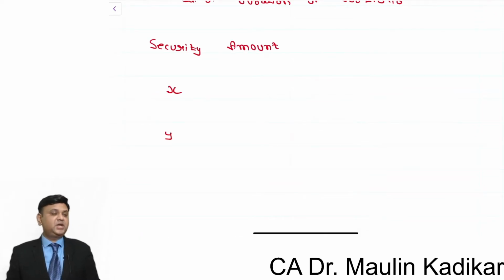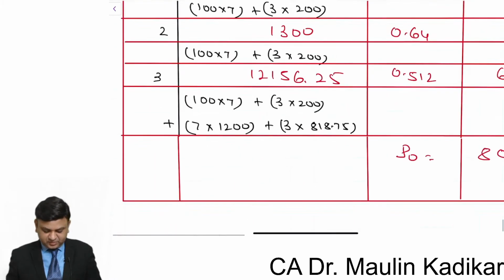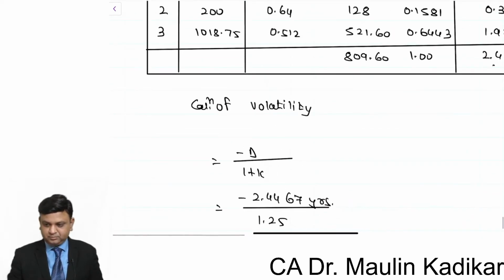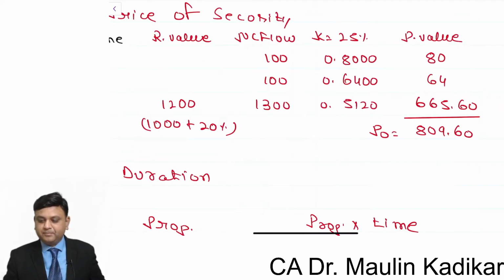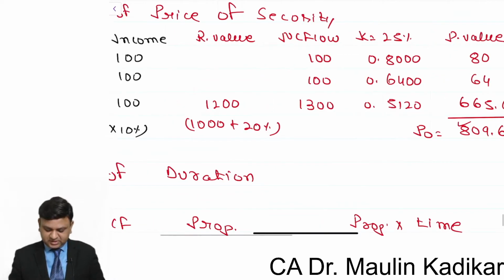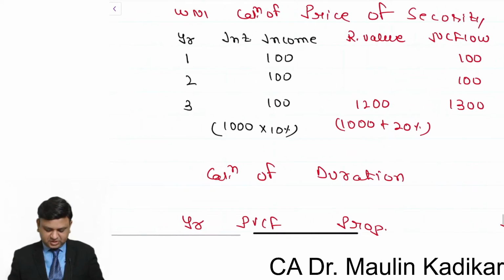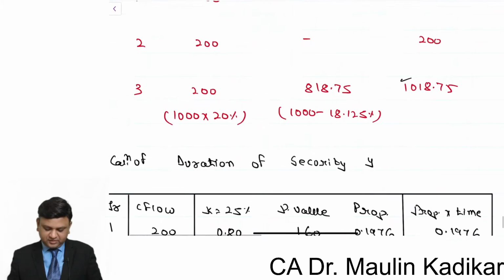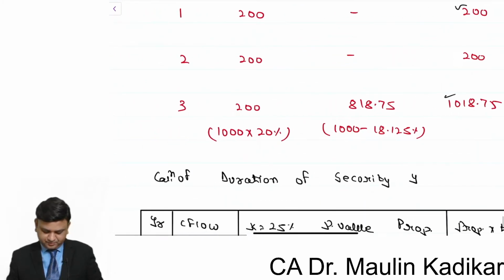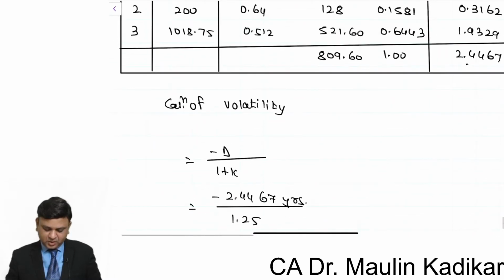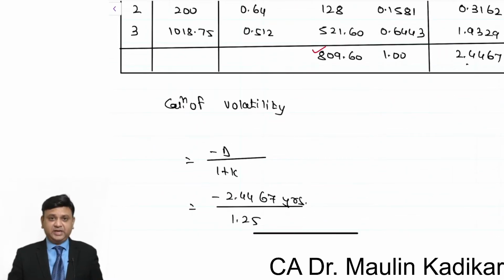Friends, we will mention the amount of investment. What is the amount of investment? For security X, it is 809.6 into the number of securities, and for security Y also, coincidentally it is the same, 809.6.